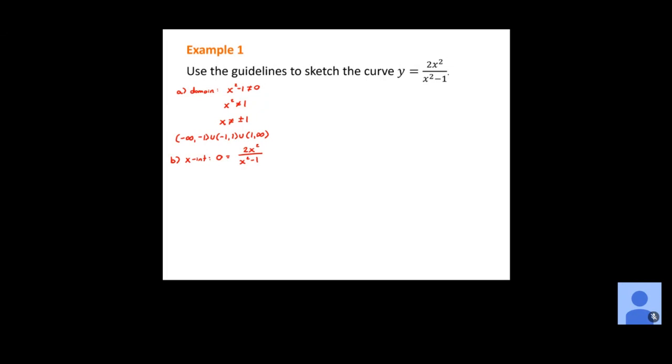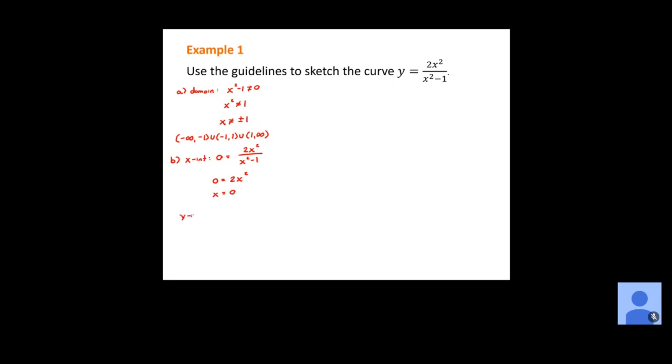Now, if that fraction is equal to 0, what actually has to be equal to 0 then? The numerator, right? So I can ignore the denominator and just say, well, 0 has to be equal to 2x squared then. Which means x would have to be equal to what? 0, right? If you divide by 2, take the square root, this is still just going to give us x equals 0 once we do that. So that's the only x-intercept that we should have this time.